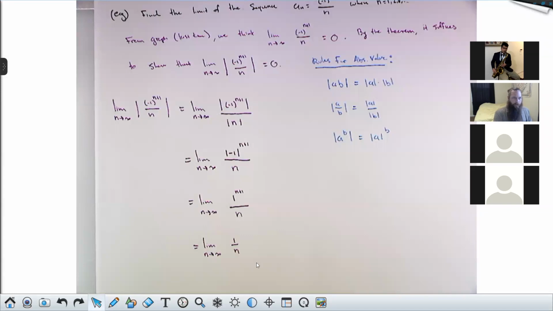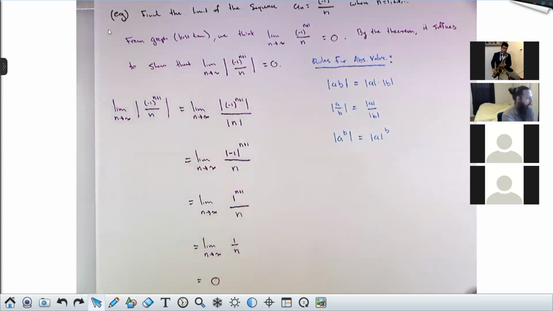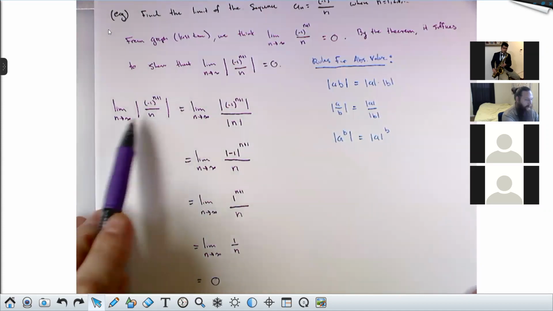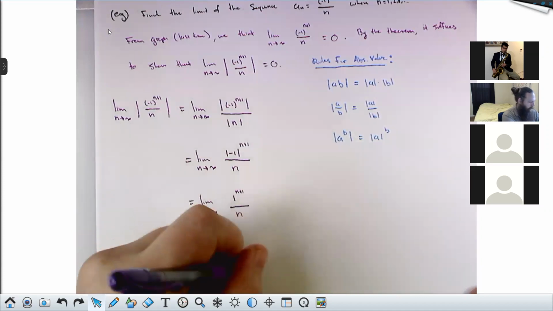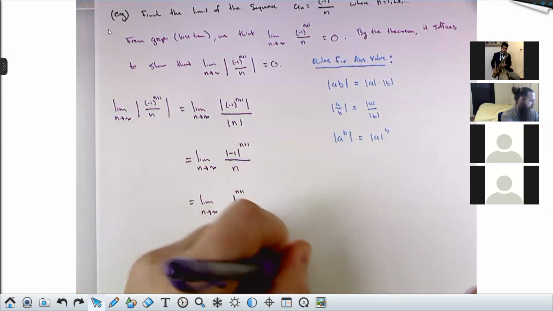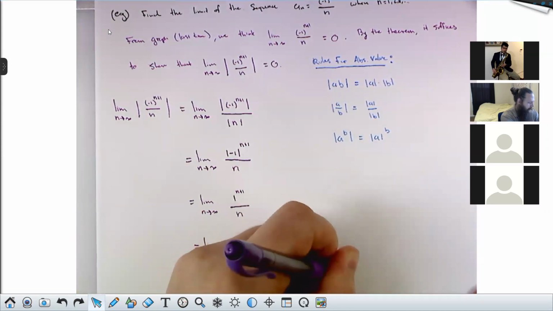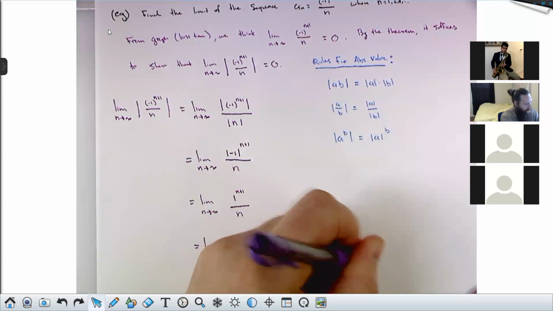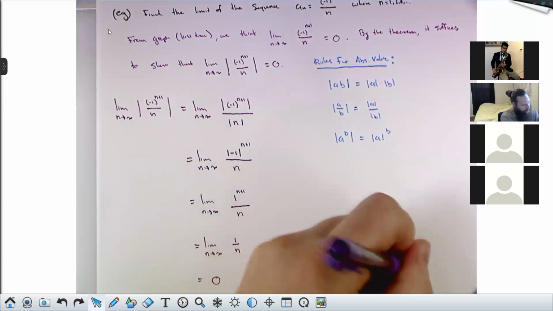Very good. Yeah, it's 0, right? 1 over infinity, which is 0. So the limit of the absolute value of my sequence is 0. Therefore, by the theorem, the limit as n goes to infinity of (-1)^(n+1) over n equals 0 also.